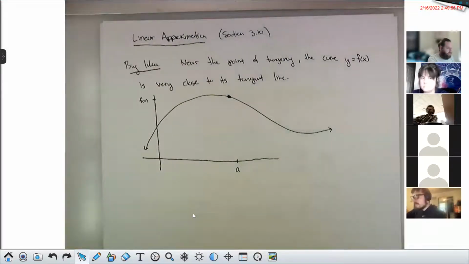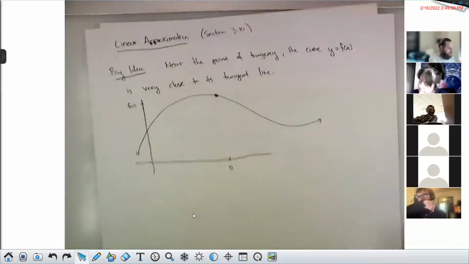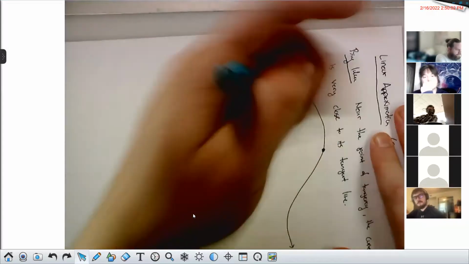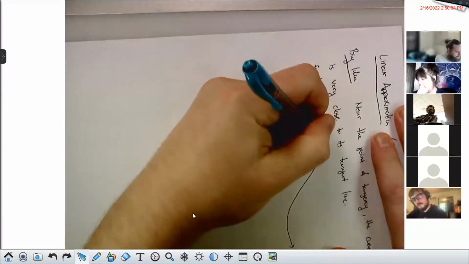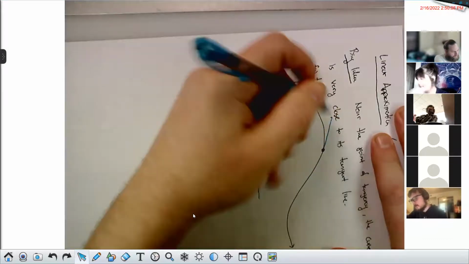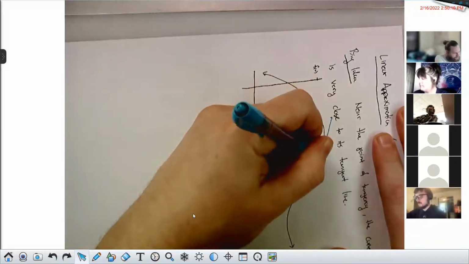And if I construct the tangent line to this curve at that point, that would look something like this.